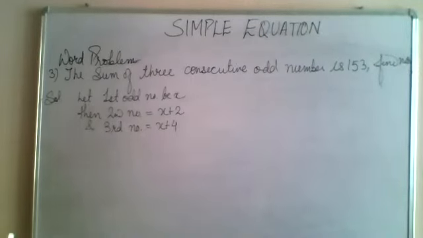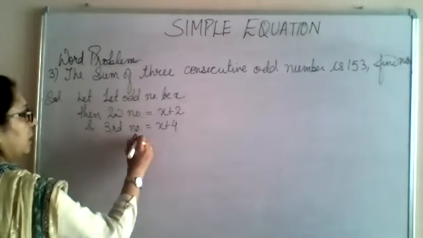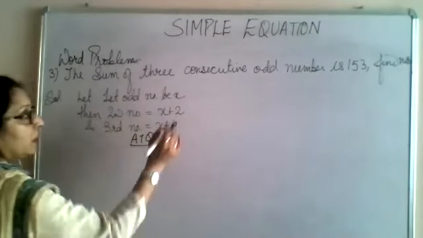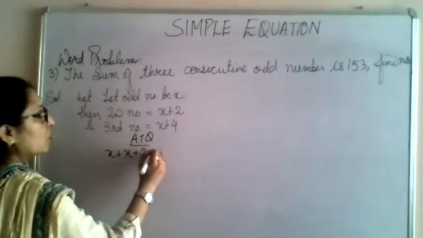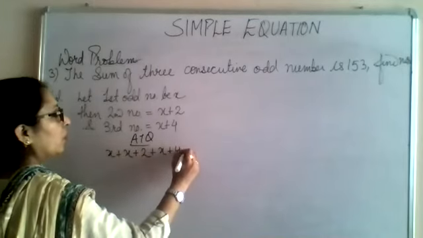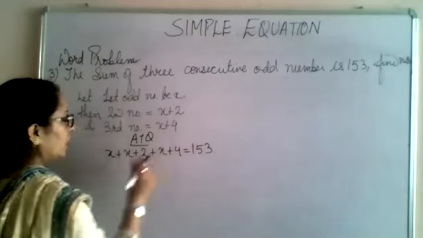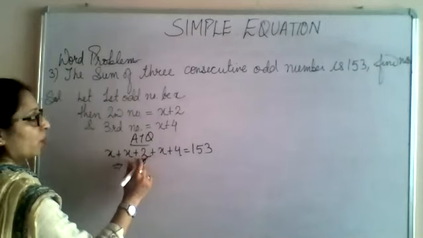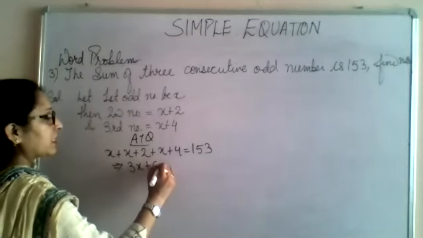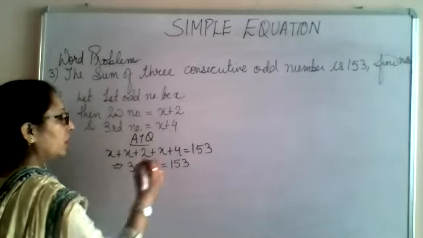And according to the question, if you add all, you will get 153. x plus x plus 2 plus x plus 4 equal to 153. So how many x? 3x. 2 plus 4, 6, equal to 153.